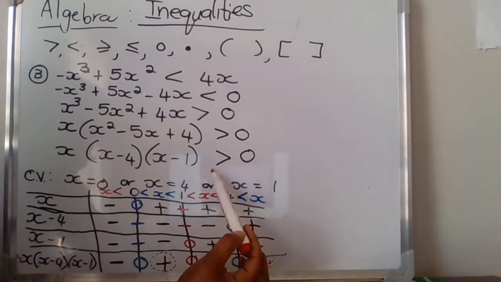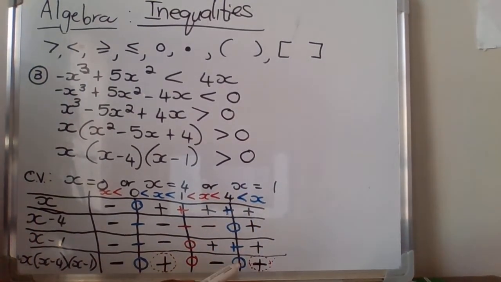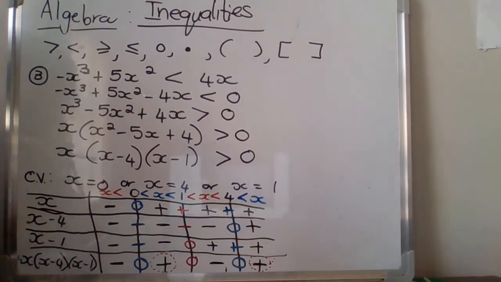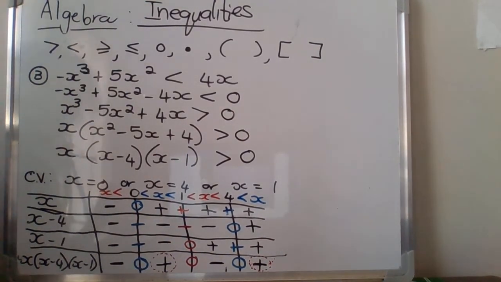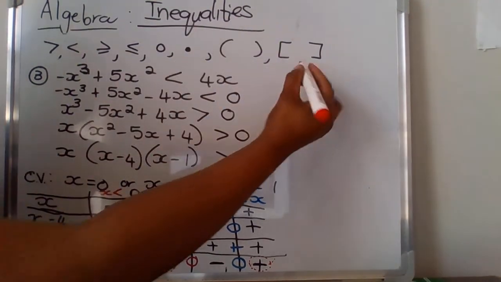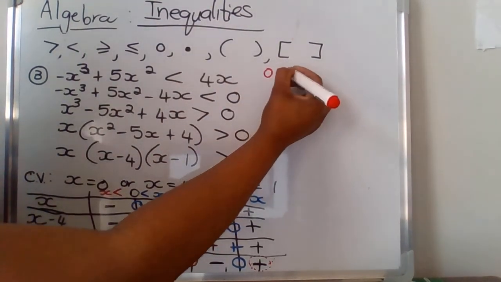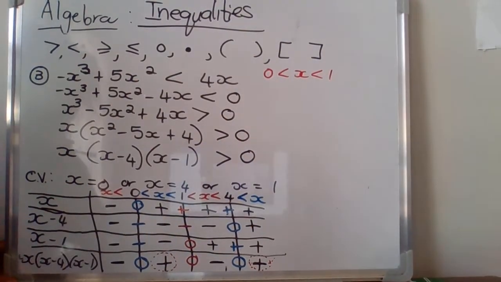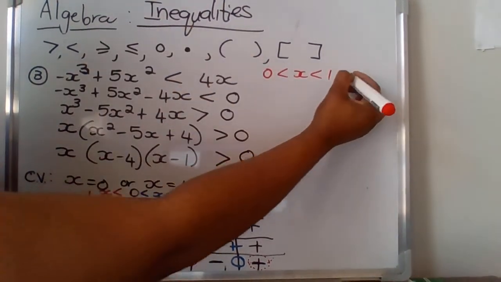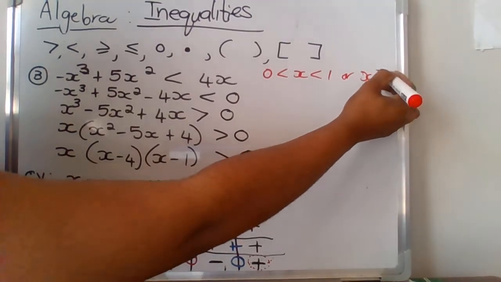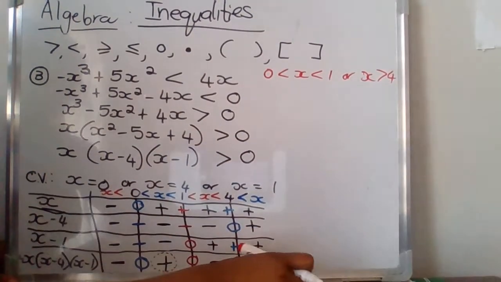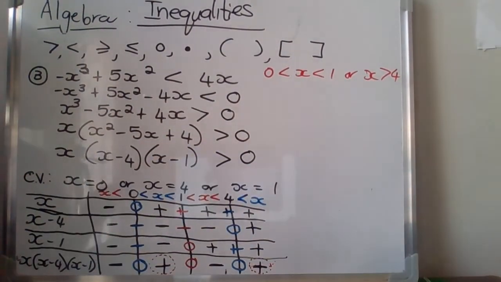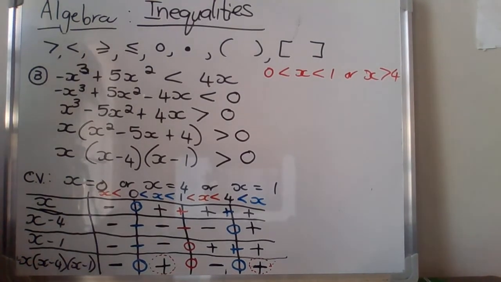No, there's no equals sign here. So these critical values will not be included. So my answer is when x lies between 0 and 1, and also where x is greater than 4. Okay, so that's my answer.